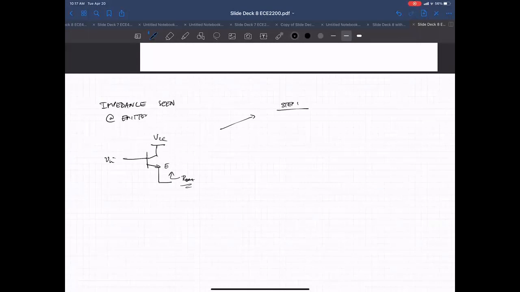Step 1 is we create a small signal model. That's again R sub pi, V sub pi plus minus. You have the emitter here. You have G sub M, V sub pi here. We have R0.